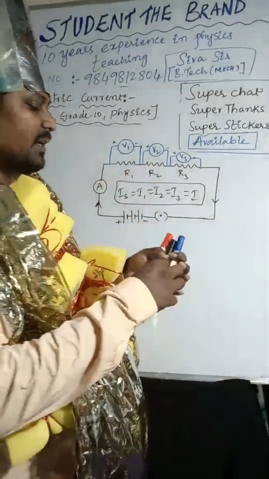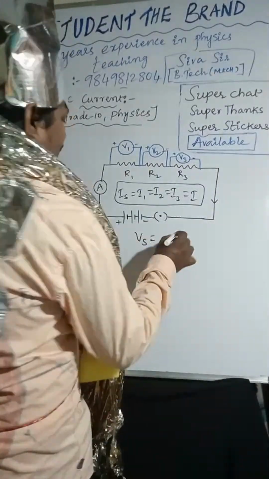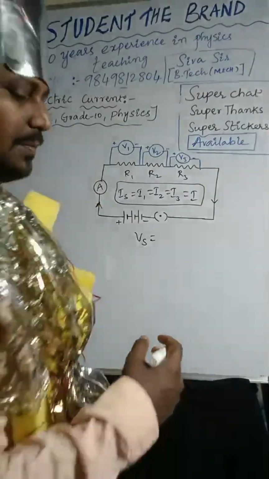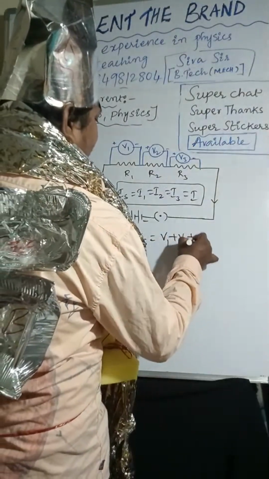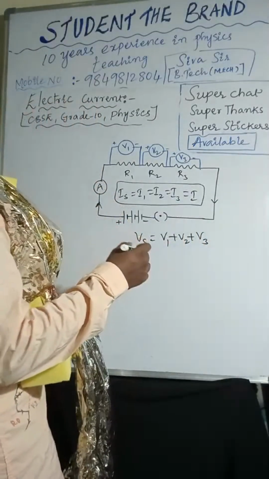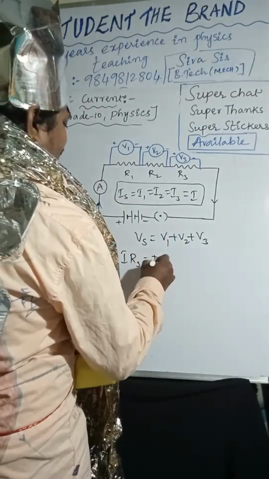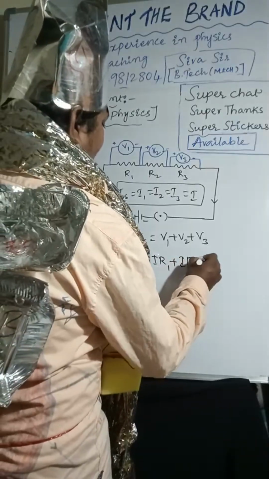Now the potential difference Vs equal to V1 plus V2 plus V3. So here IRs equal to IR1 plus IR2 plus IR3.